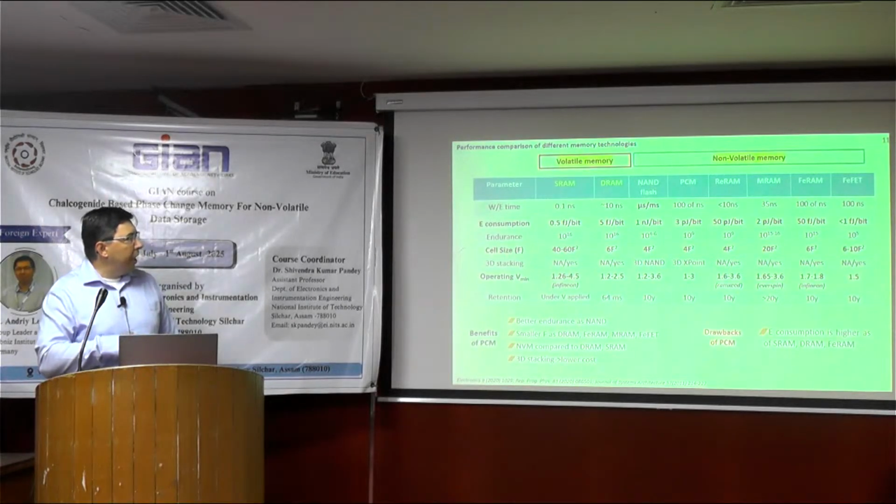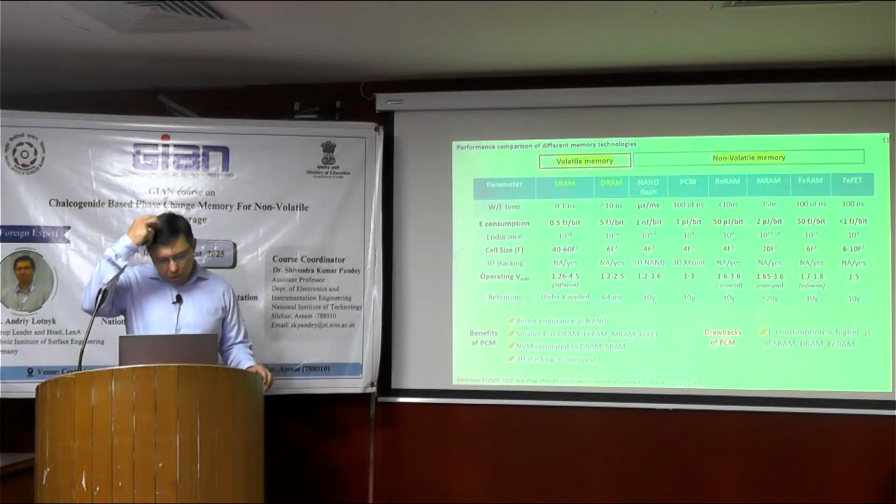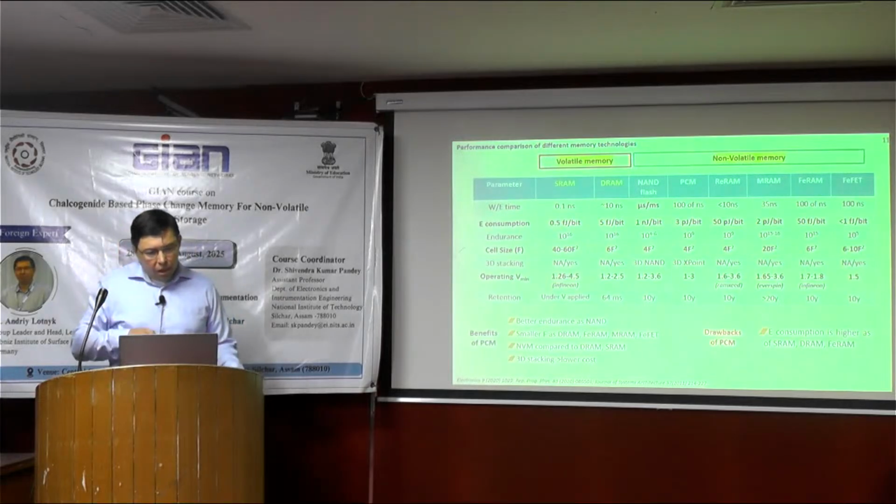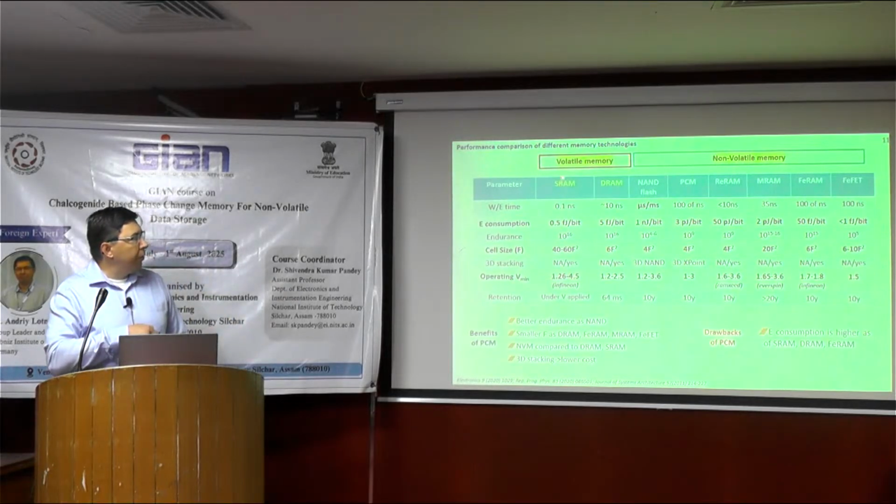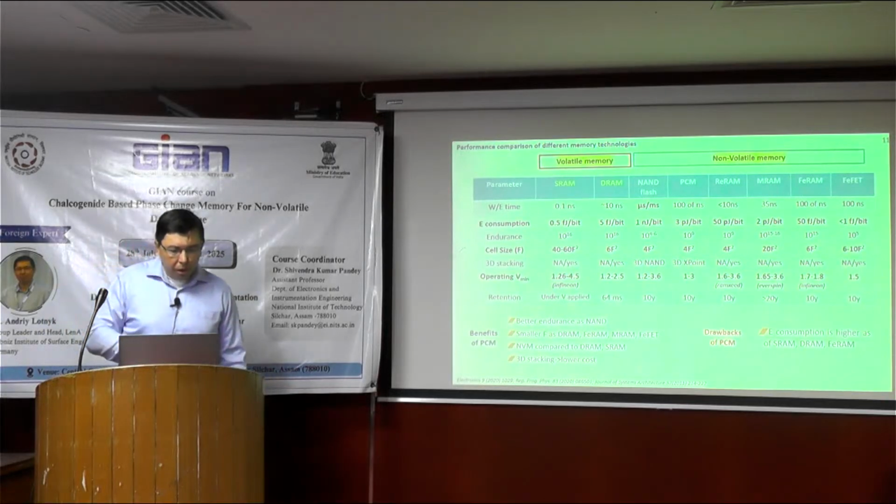Then the cell size: this is the minimum cell size which can be created. If you compare with SRAM and DRAM, the emerging technologies can use an even smaller footprint, like PCM, ReRAM, and MRAM. It's on this scale, but they can be smaller.